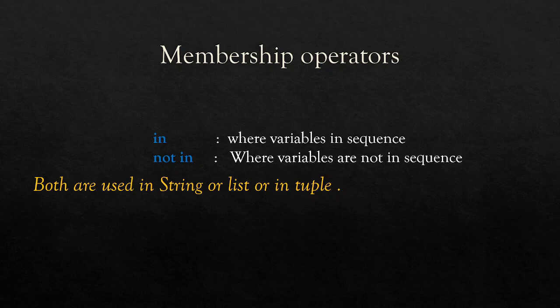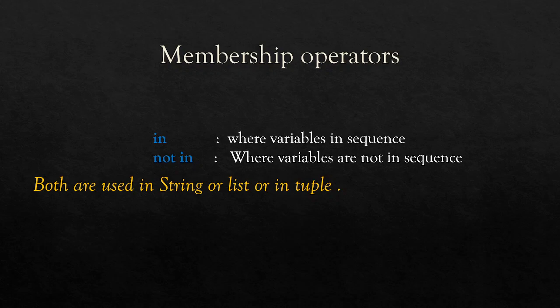The in operator will return a true value if the value we want is present in the given sequence, or it will return a false value if it is not present in the sequence. In the opposite, the not in operator will return a true value if the variable is not present inside the sequence.